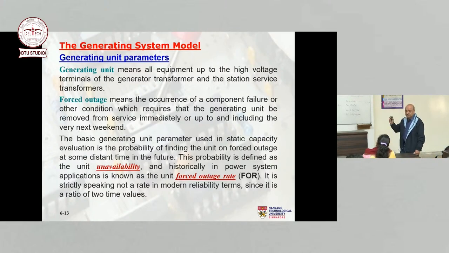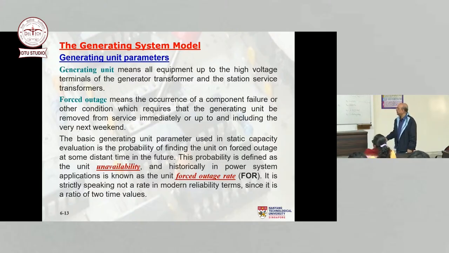But what does it comprise? This is an IEEE definition, by the way. Generating unit means all the equipment up to the high voltage terminals of the generator and the station service transformers. Everything included in that is called a generating unit. So when you hear me say generator, please know that I'm saying generating unit, okay? Because it's easy to say generator rather than generating unit all the time.